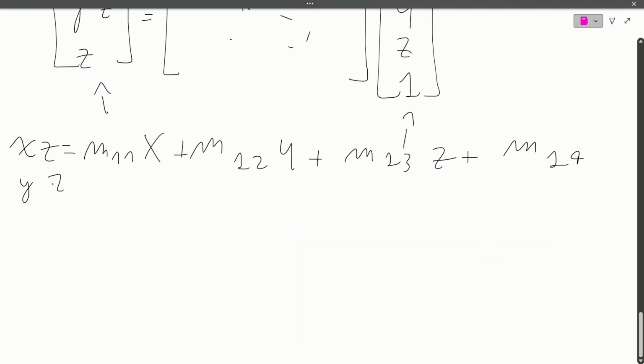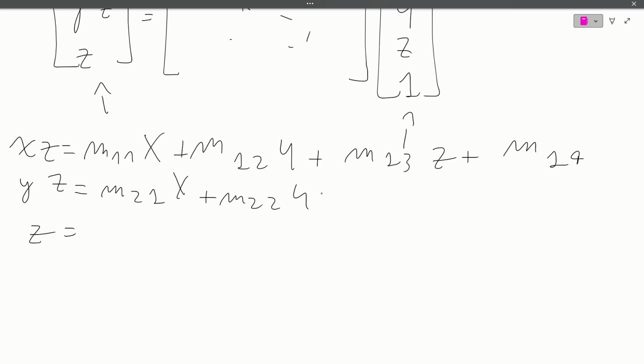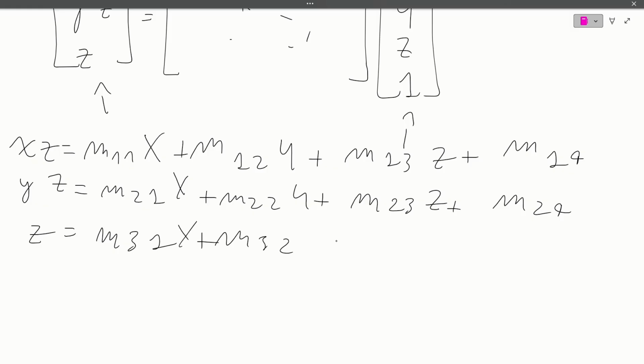Then we know that yz is equal to m21 x plus m22 y plus m23 z plus m24, and z is equal to m31 x plus m32 y plus m33 z plus m34.